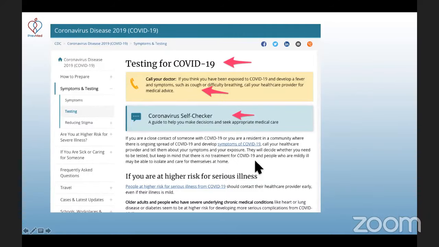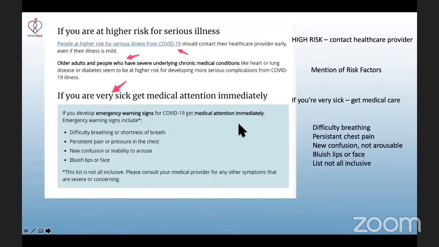But keep in mind that there is no treatment for COVID-19, and people who are mildly ill may be able to isolate and care for themselves at home. So again, if you think you might need testing, call your doctor and remember there's not a treatment, but again, it redirects you back to practical care as opposed to testing sites.